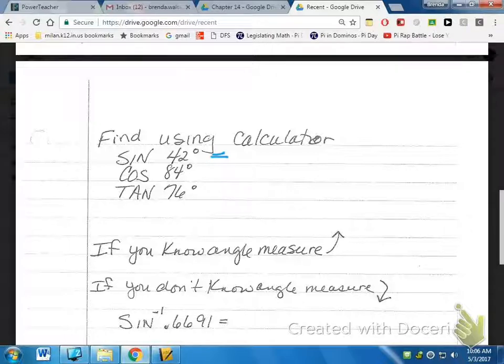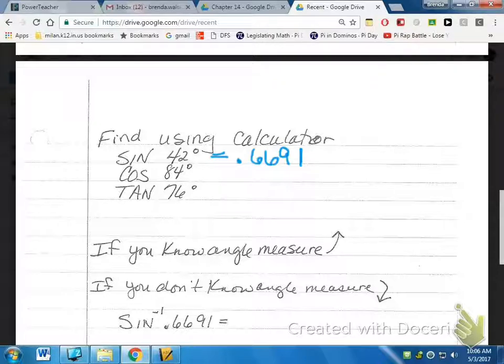So you're going to hit the sine key, and just simply put in 42 and equal, and I'm going to say we're doing 4 digits, so mine is 0.6691. The 3 after that means you would stay the same. Now if you have an older calculator, you might have to put in 42 and then hit the sine button, but it should be 0.6691.